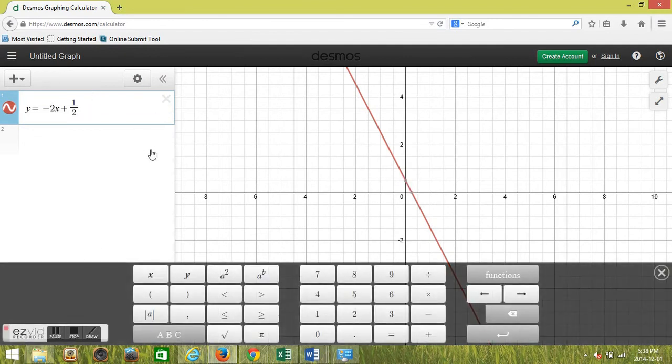Another thing that we can do with this is graph more than one line at a time. So all I'm going to do is click below this first equation here, and then we can type in what we need to. The other good thing about this is it does not always have to be in this form, y = mx + b.